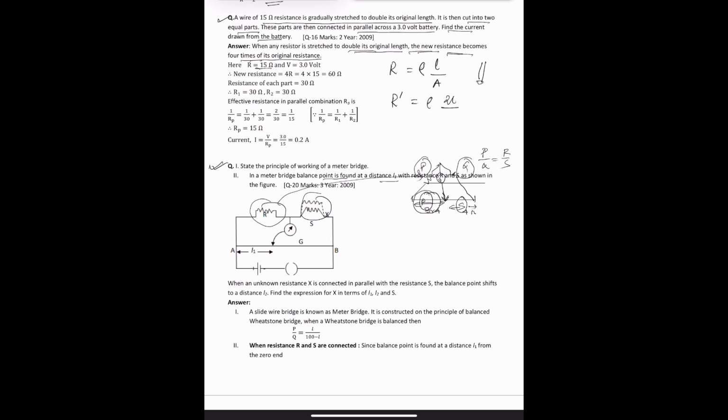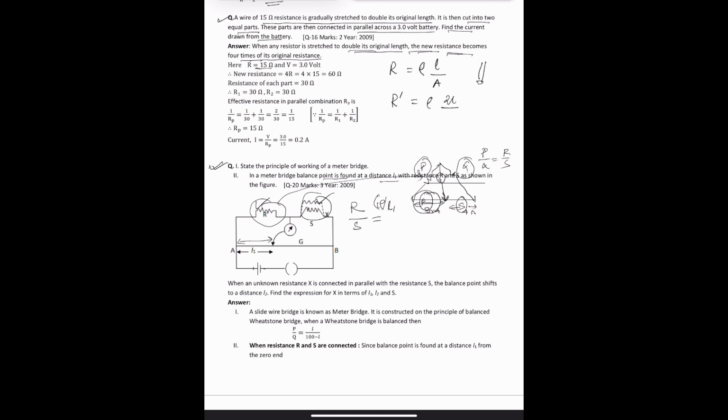So here in the first arm we have R, in the second arm we have S, and in the third we have this balance length L1, so I rho L1. I is the current flowing in this, rho is the resistance per unit length, and L1 is the length.